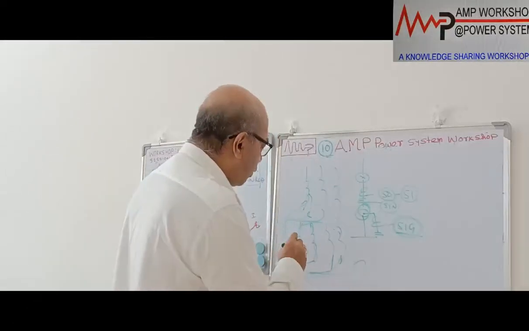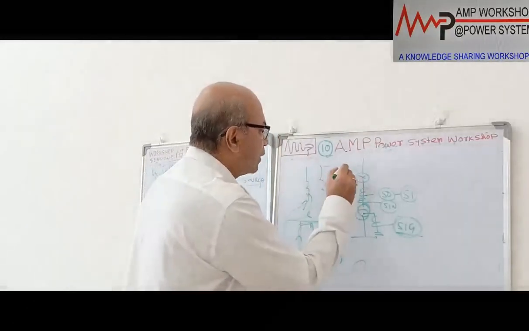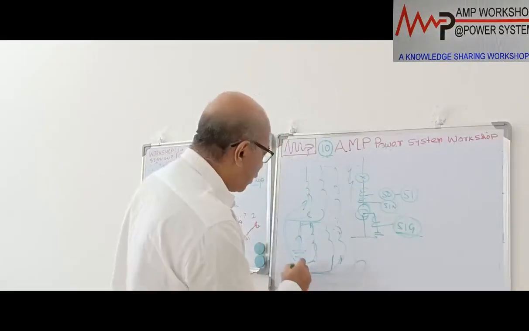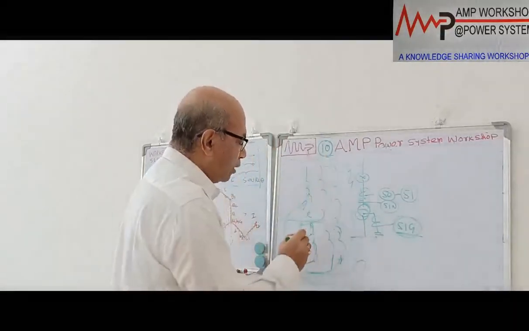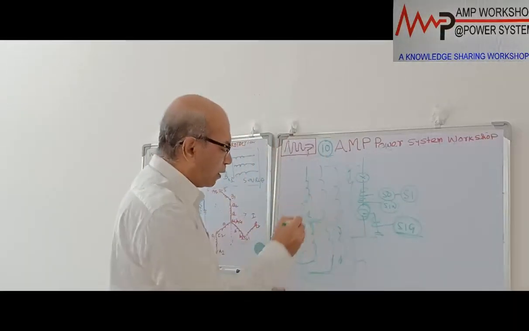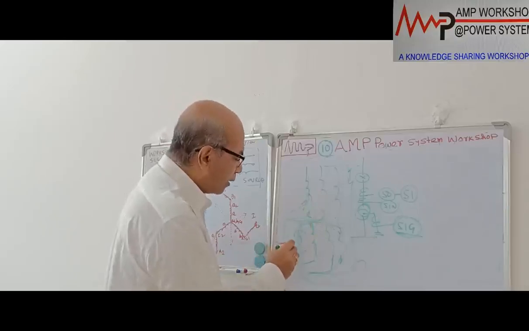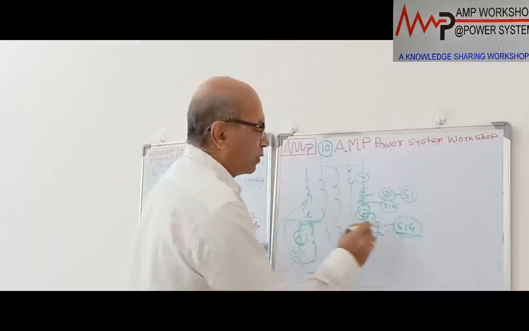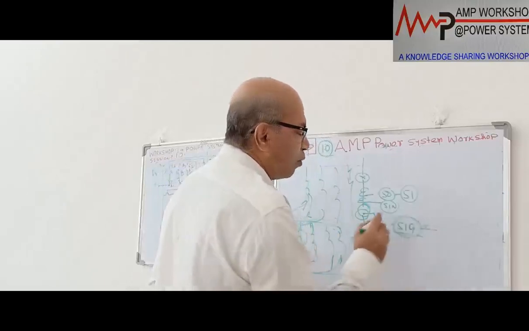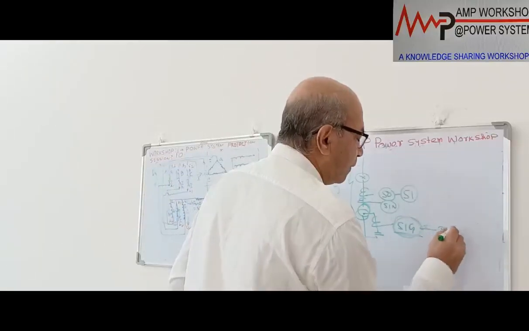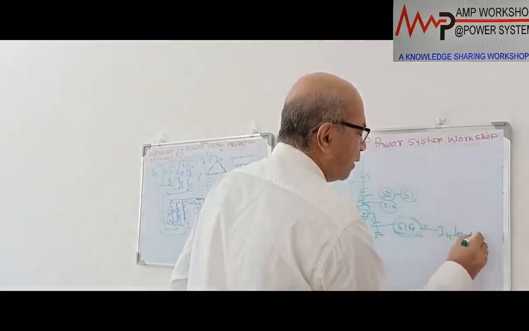So this neutral will always see even an earth fault on the outside. In that case also, earth fault current will come through the neutral and pass. So in either case, whether external or internal earth fault, the earth fault on the neutral side will always be sensed. So this earth fault relay will provide protection for both internal and external faults.